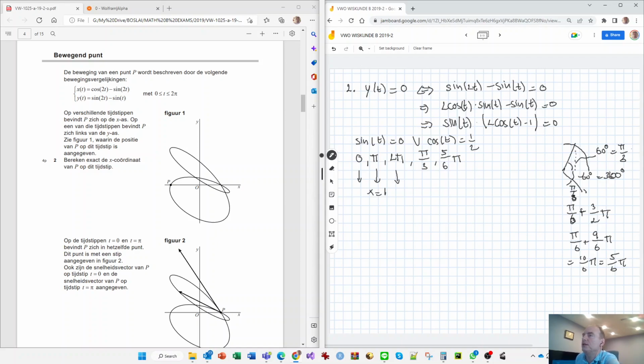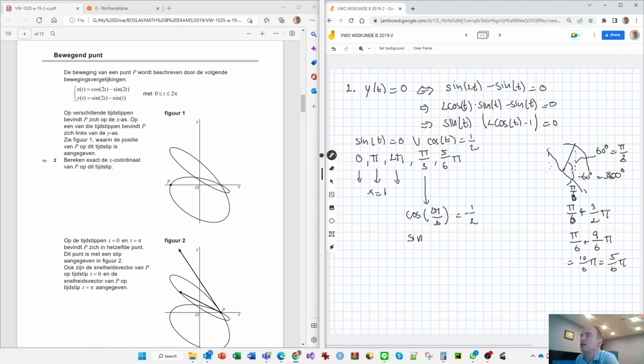And pi over 3 will give cosine 2 pi over 3. Basically you double this thing, so you end up here. So that is minus 1/2, and the sine will be plus 1/2 square root of 3.